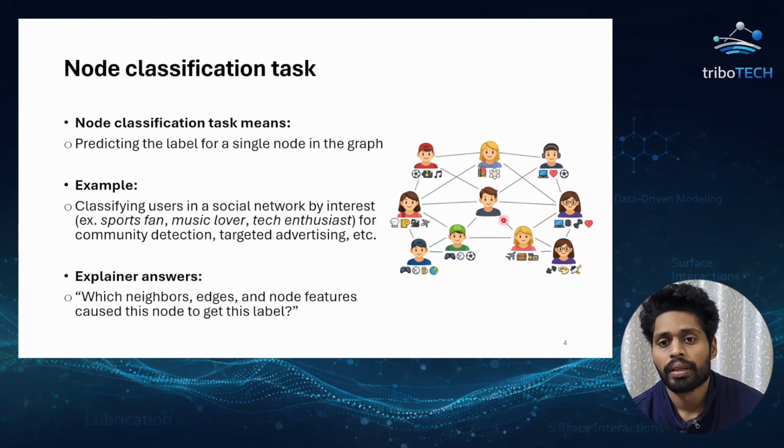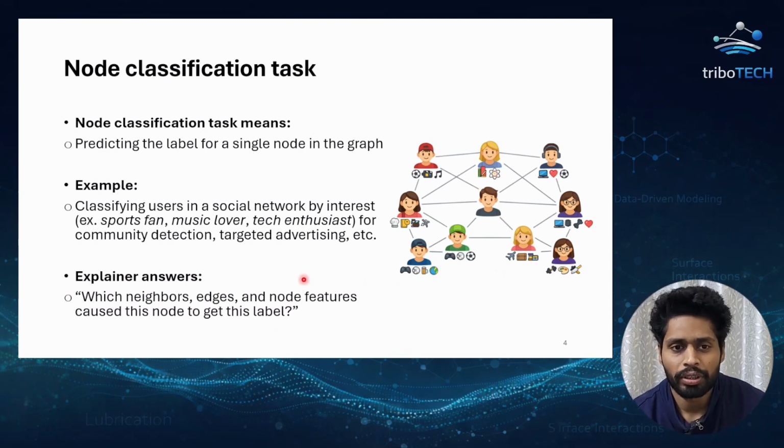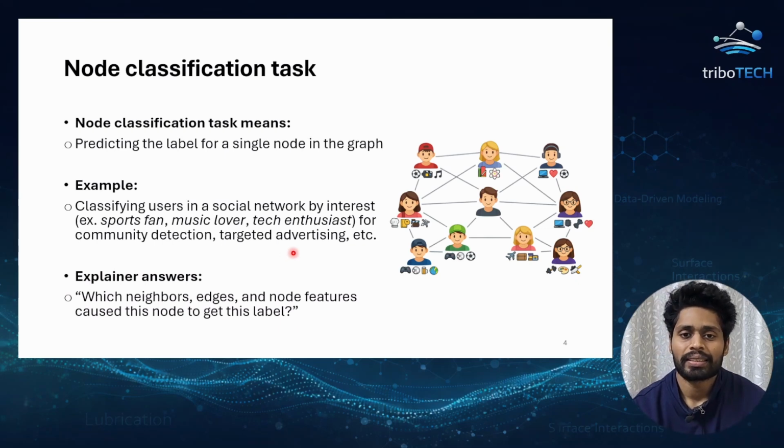That is called a node classification task, basically. And this could be helpful for community detection or maybe targeted advertising or maybe for other objectives as well.